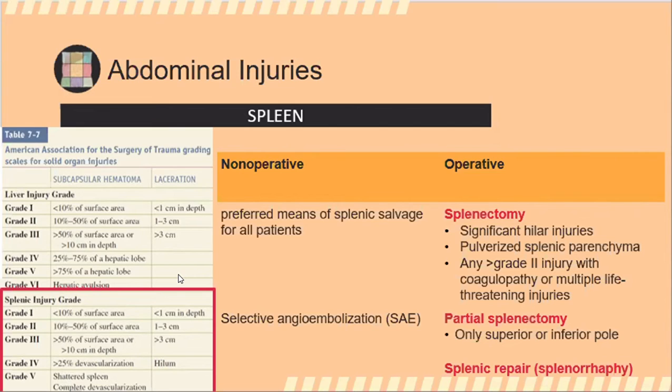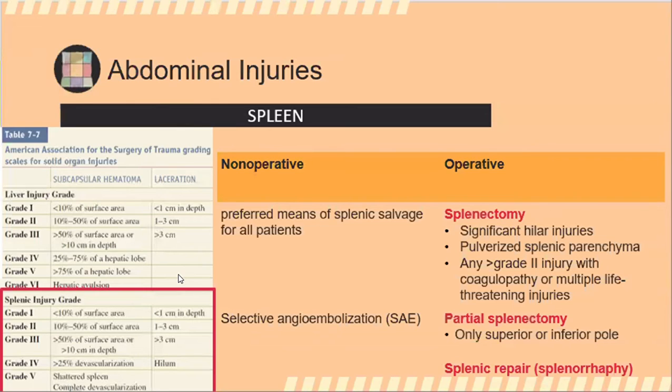So exploratory laparotomy, midline abdominal incision, and we can repair the spleen if grades 1 or 2. If grades 3, masyadong extensive yung injury, we can do partial splenectomy, kunin lang yung non-viable segment ng spleen. If grades 4 or 5, we can do total talaga. Remove the spleen entirely.